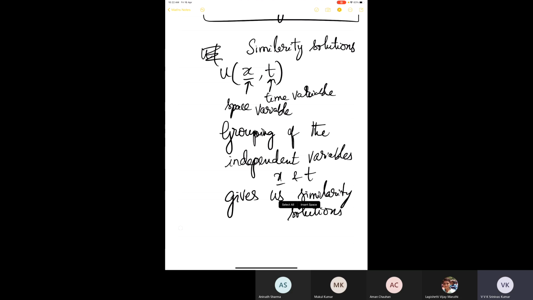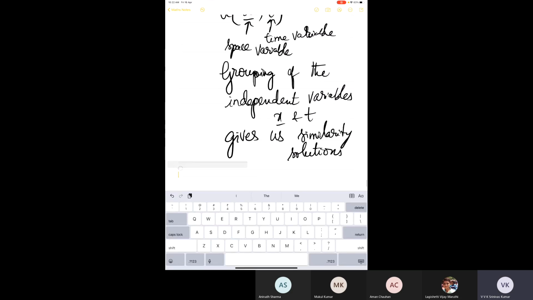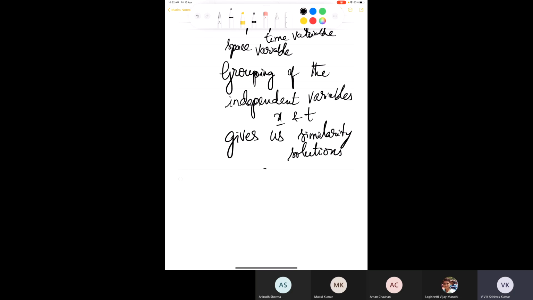So what should be the grouping that we have to find out? The grouping will be x upon root t in the one dimensional heat equation.